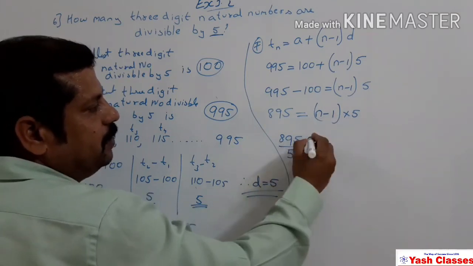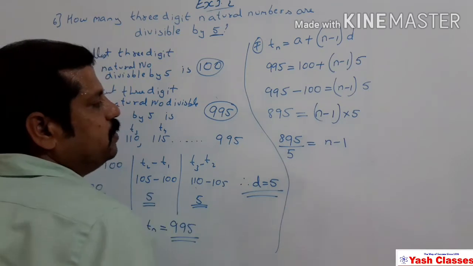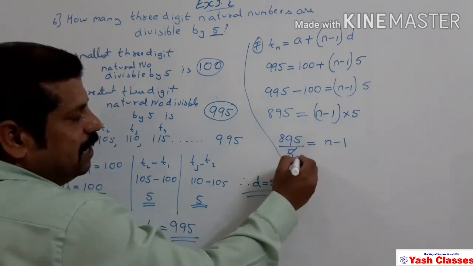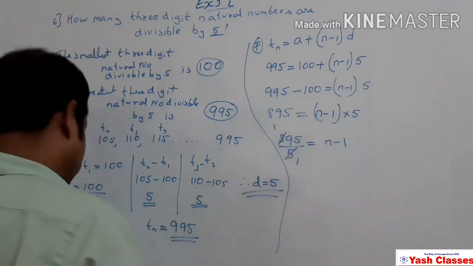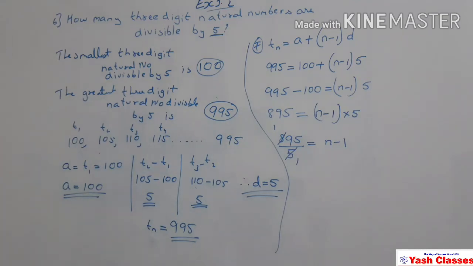Multiplication will become division. Is equal to n minus 1. 5 ones are 5. 8 minus 5.